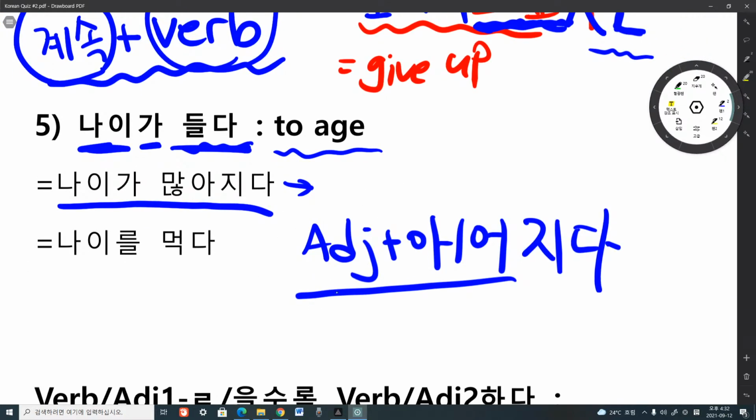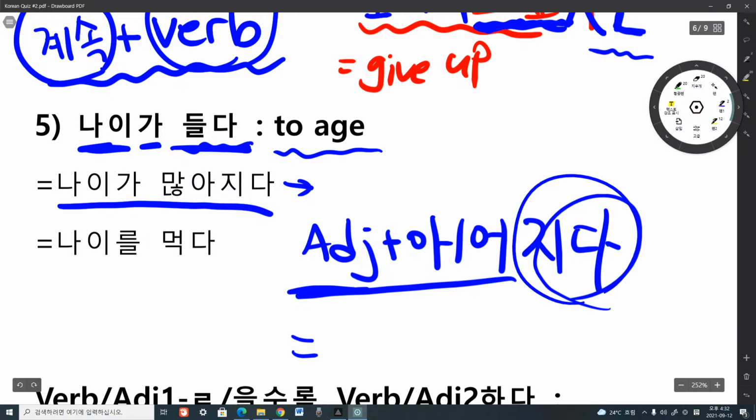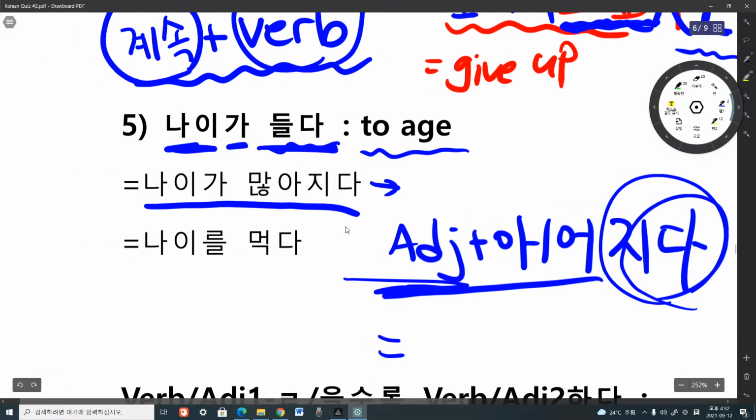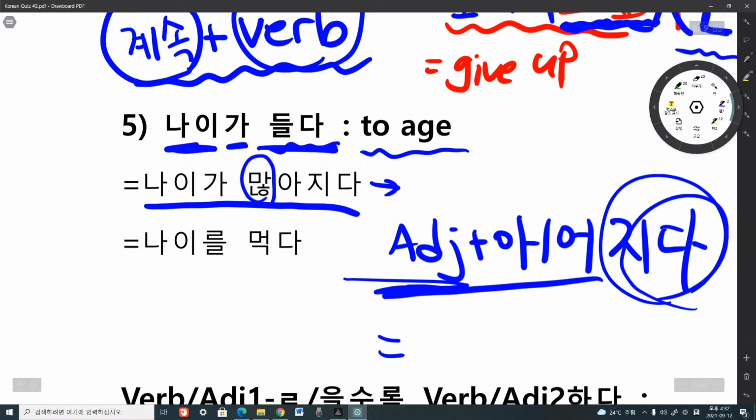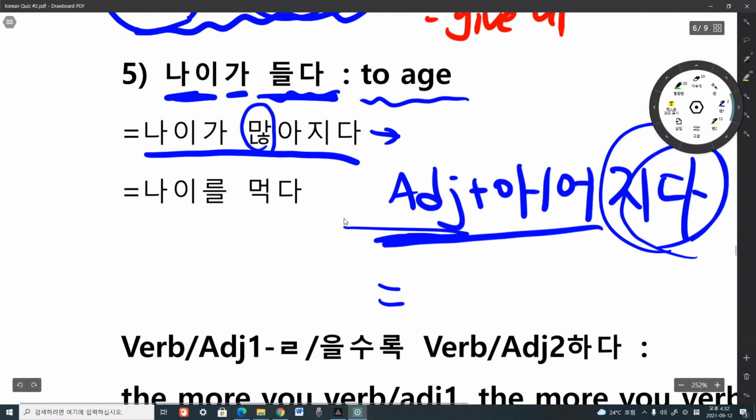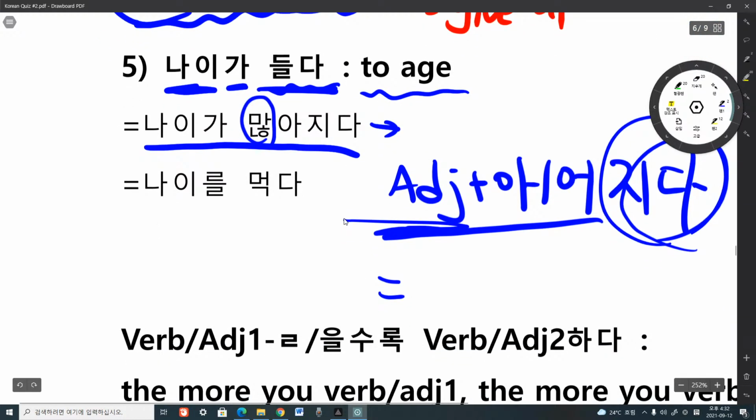So you conjugate adjective in present tense and put 지다. It means like to become more adjective, or like to get more adjective. 지다. 그래서 많다 means to be many, right? 많다 means to be many. I see a lot of you guys don't know this expression.